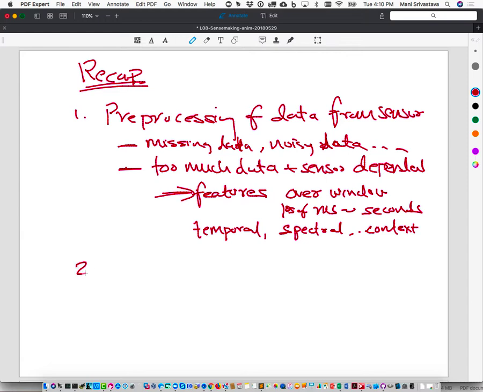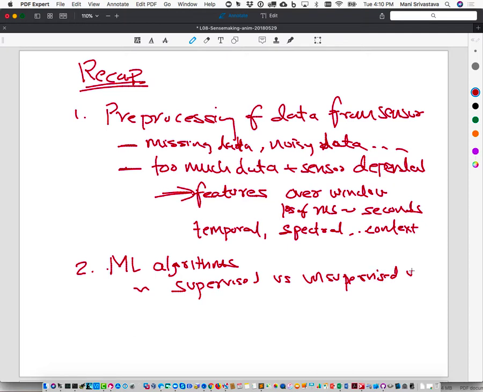The second thing we started on was the ML algorithms themselves. There is a whole bunch of them, but even before that, we had a broad categorization: supervised versus unsupervised, versus a whole bunch of others, which we are not bothering with.